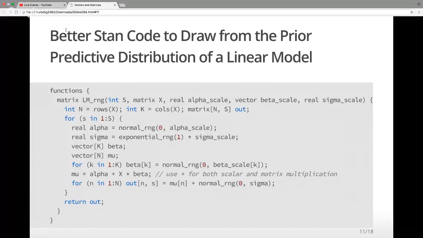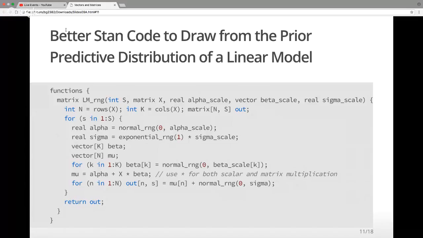Anyway, with those three quantities, I loop from the first simulation to the last simulation inside the curly braces. I'm drawing alpha, the intercept, from my normal prior distribution on alpha, so it has an expectation of 0 and a scale or standard deviation, whatever I pass to it with my function. Then I'm going to draw sigma from my exponential prior on sigma.